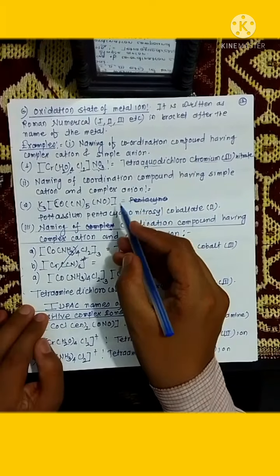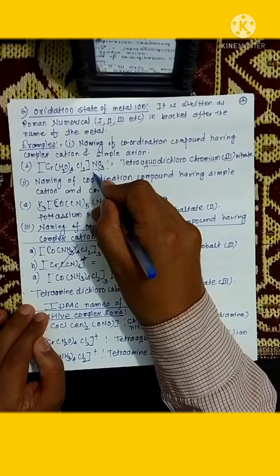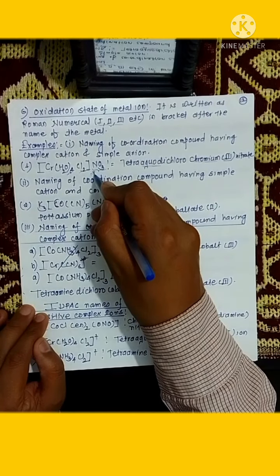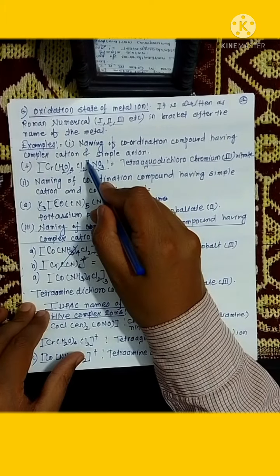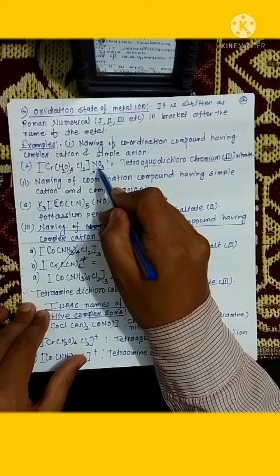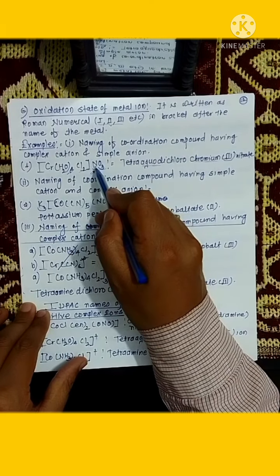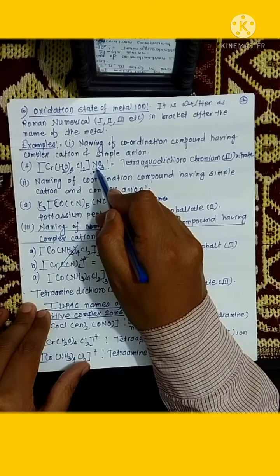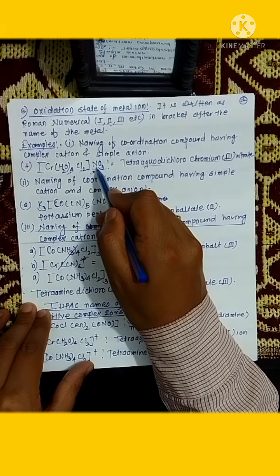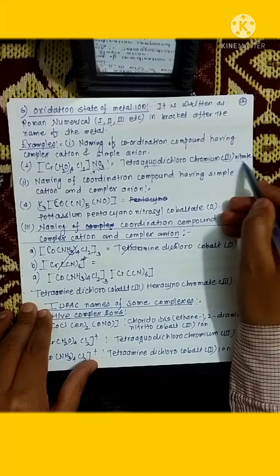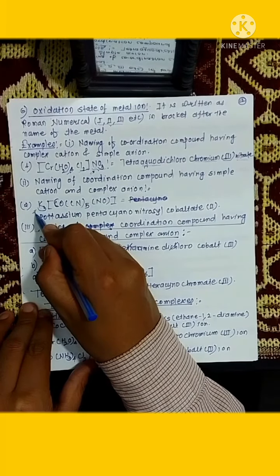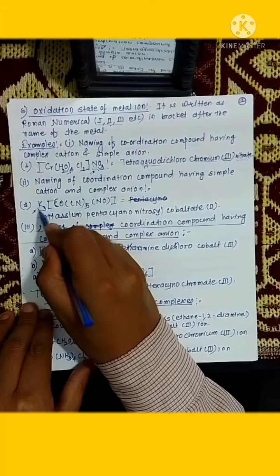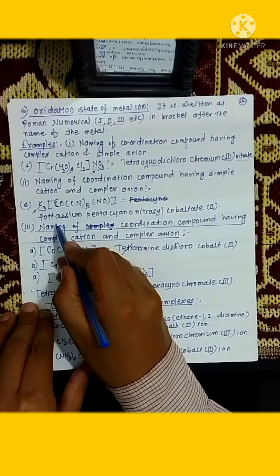Now naming of a coordination compound having a simple cation and complex anion. Students should note that if anything is written outside of the coordination sphere on the right hand side, then the name of that species is written at the last. If anything is present before the bracket, then the name of that species is written first.